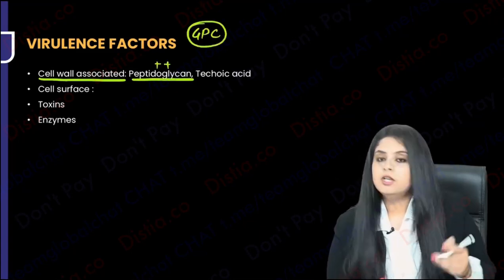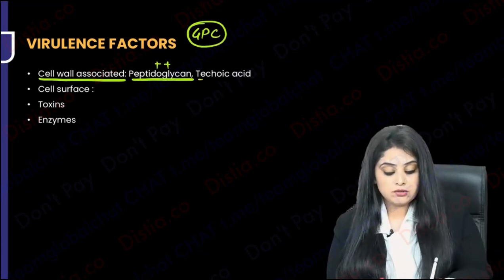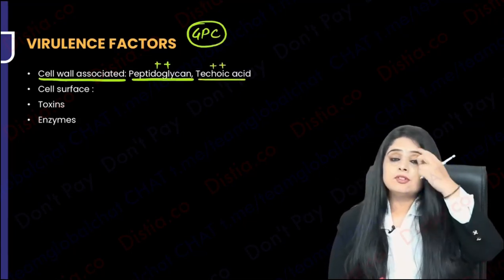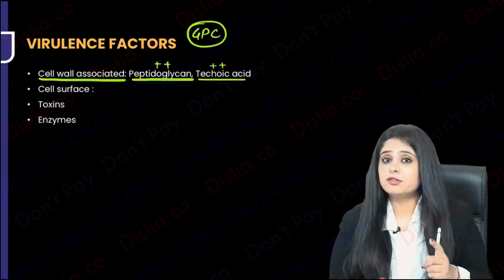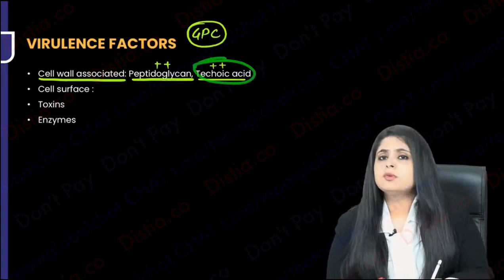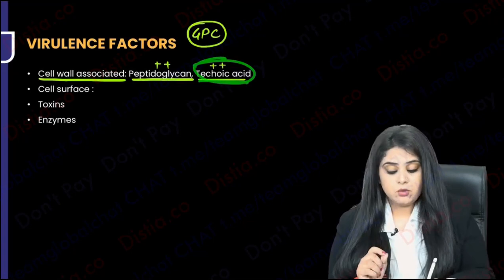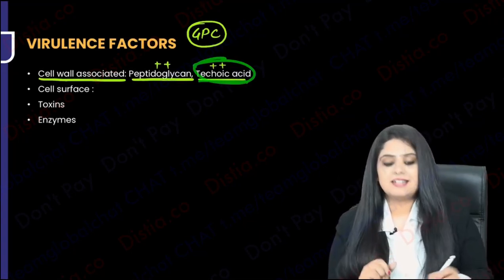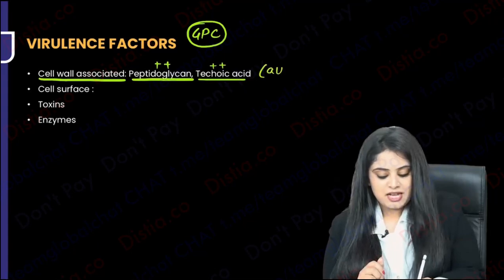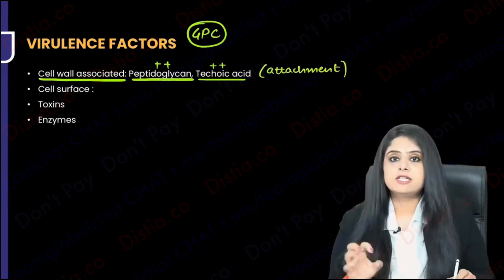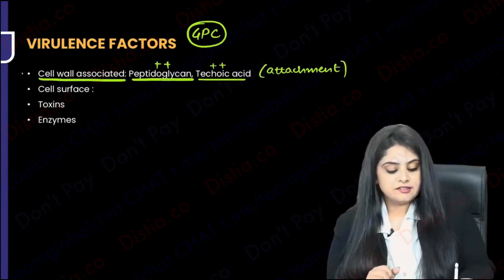Gram-positive organism है ना? So a lot of peptidoglycan will be there. Also, do you remember all the gram-positive organisms have teichoic acid? This also I've taught you. So teichoic acid was for what? What's your mnemonic? Teichoic acid is for ticna. Ticna means attachment. So whenever we are going to have gram-positive organisms trying to attach, teichoic acid is for ticna, right? Attachment. These are cell wall related.